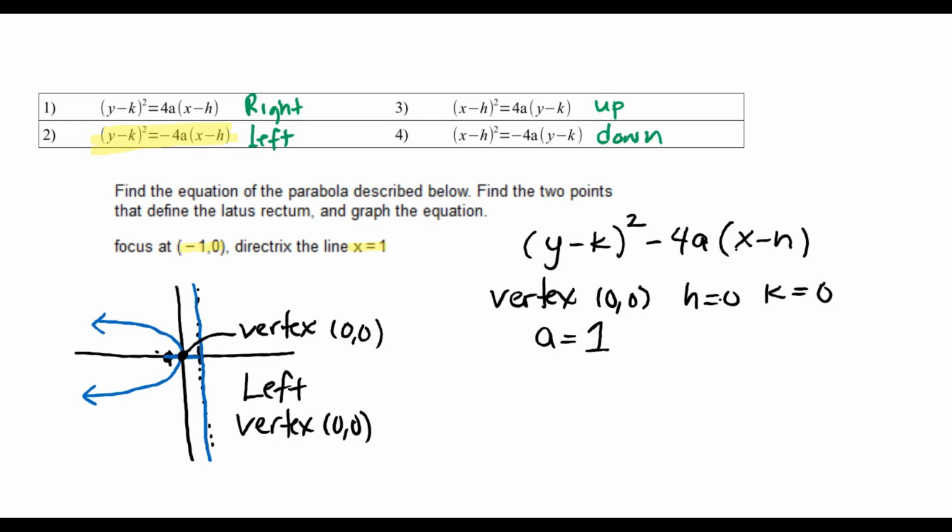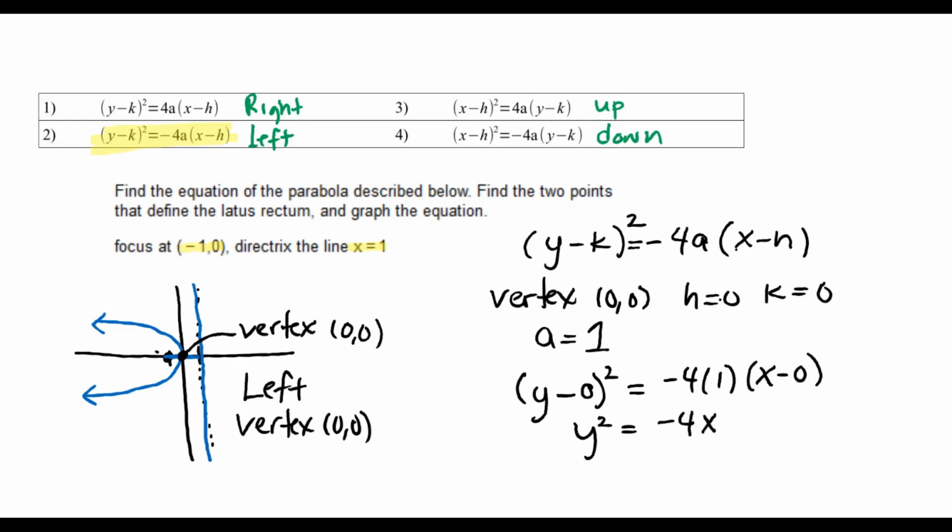So we're going to substitute these values into the equation template to get (y minus 0) squared equals -4 times 1 times (x minus 0). That gives me y squared equals -4x. So that's the equation of the parabola with a focus at -1, 0 and a directrix at x equals 1.